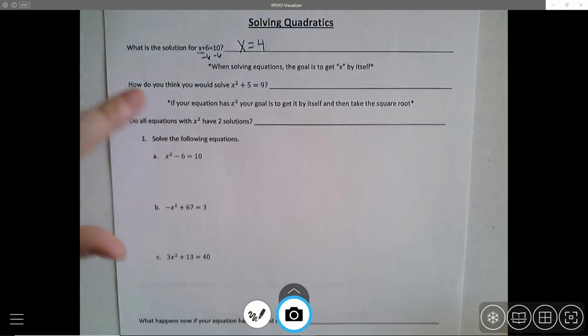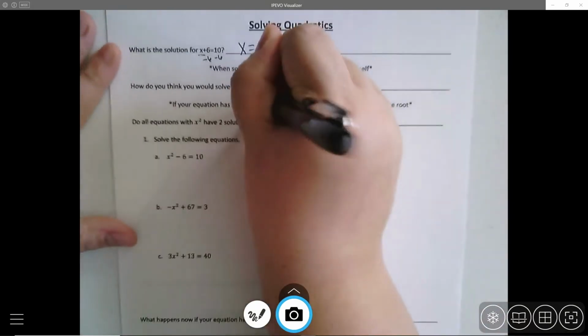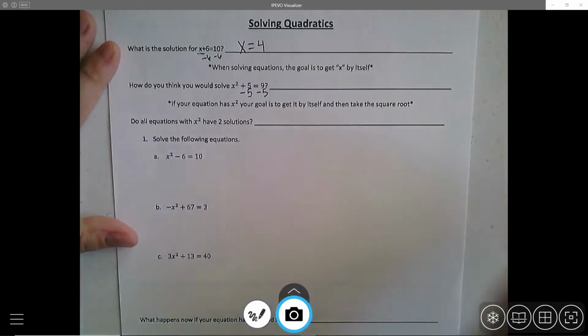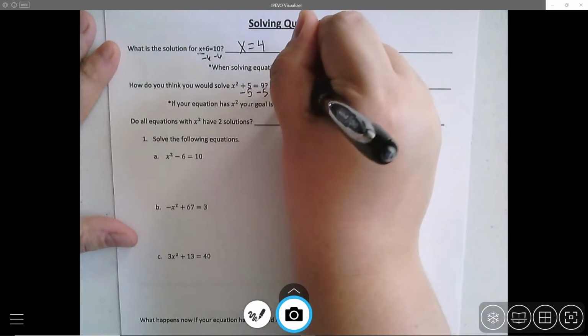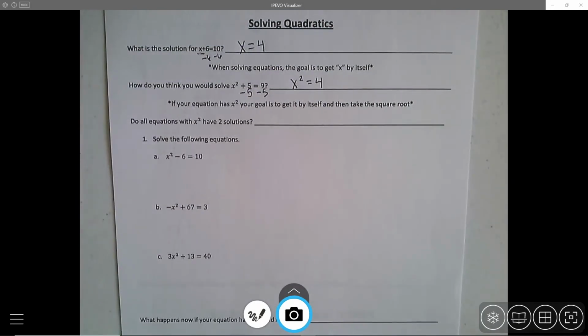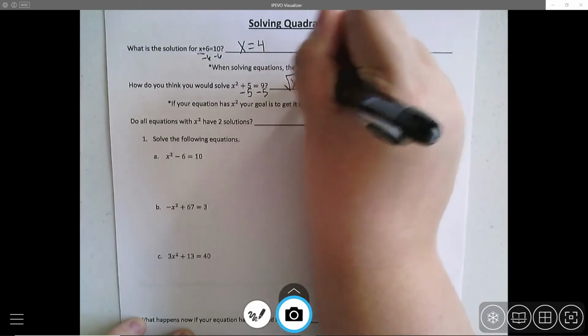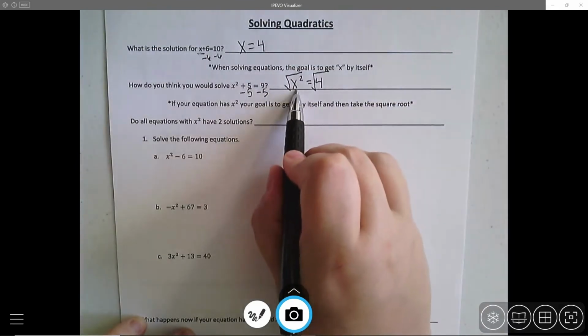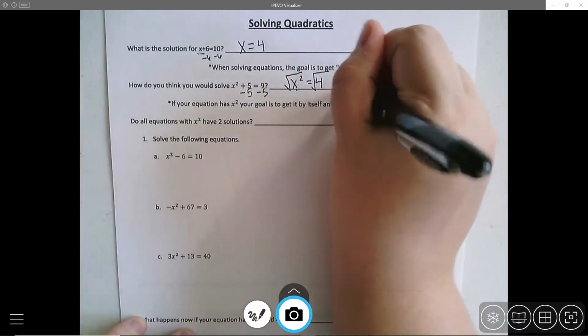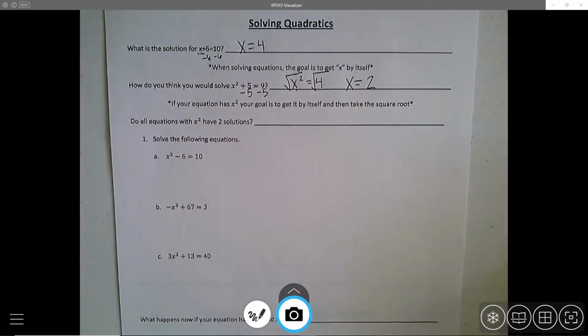So I need to move the 5 to the other side, so I subtract 5 on both sides. I get x squared to equal 4. Once you get x squared by itself, then we're going to take the square root. Square root of x squared, we've seen it a lot this unit. We know that that's x. Square root of 4, if we put it in our calculator, is 2.